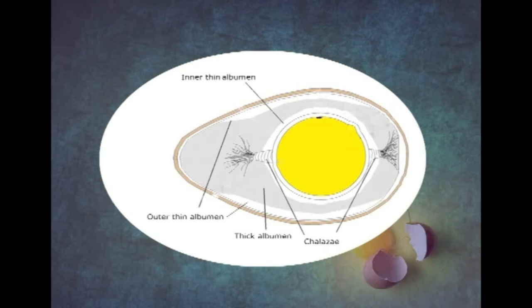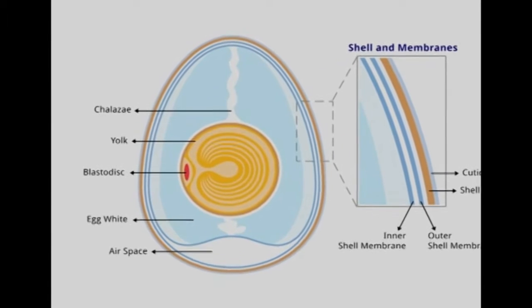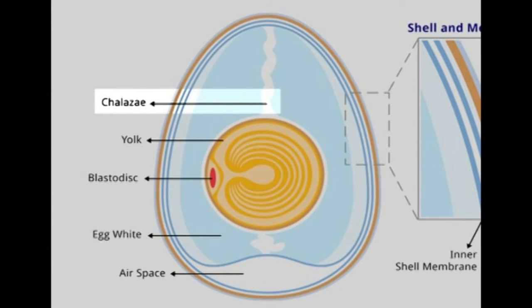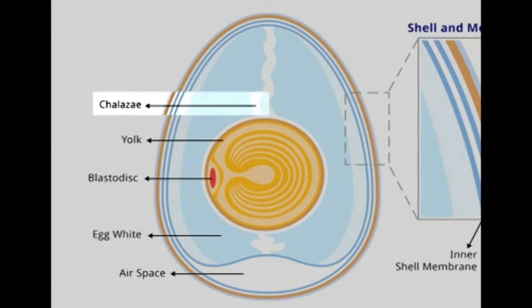Now, let us see. The chalaziferous layer is very close to the yolk, immediately surrounding the vitelline membrane of the yolk. Now, this is very firm and thick albumin, and it twists into two cords on either side of the yolk. They are called chalazae, which are formed due to the rotational movement of the egg in the oviduct. Now, functions of chalazae basically are: 1.